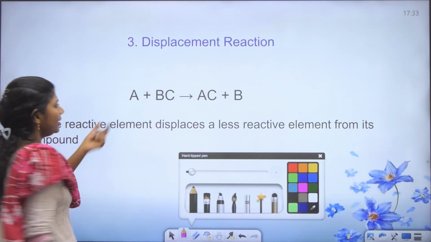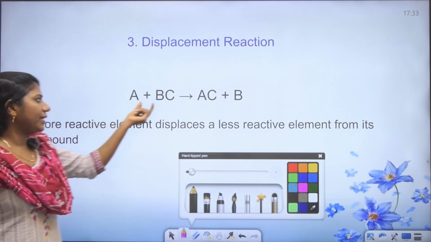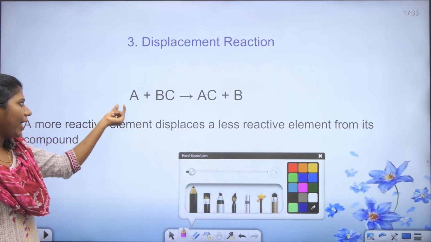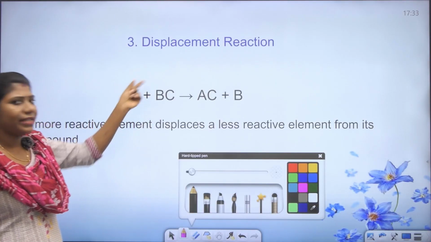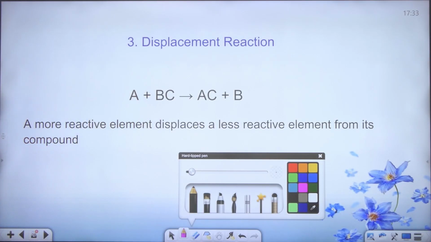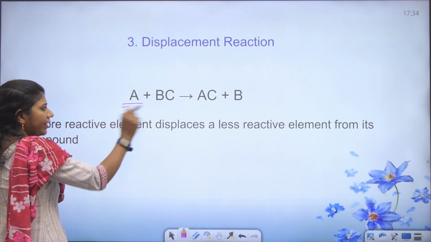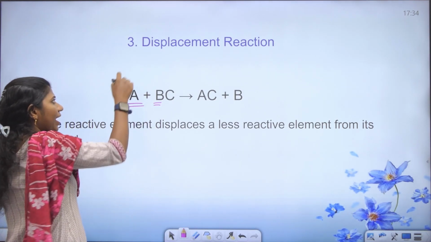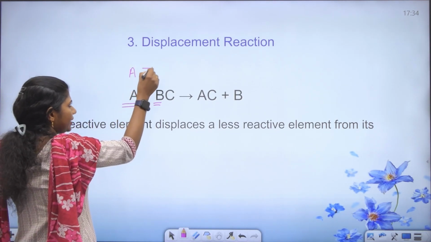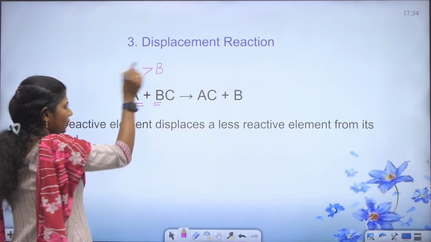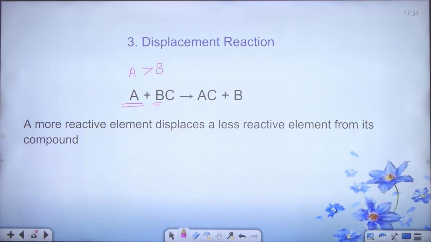A is in elemental form, B is in the compound. An element displaces another element in the compound to form a product. Here, check the reactivity of A and B. Reactivity of A is greater than reactivity of B. That means the more reactive element displaces the less reactive element.